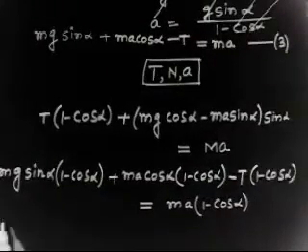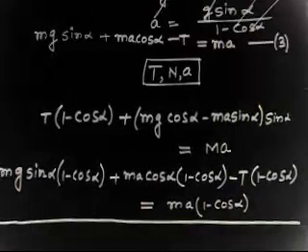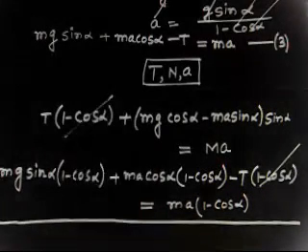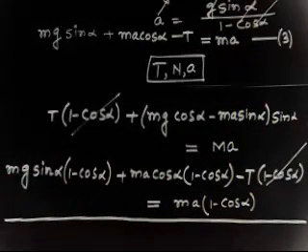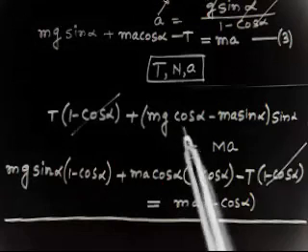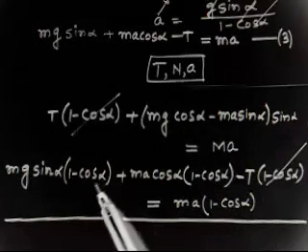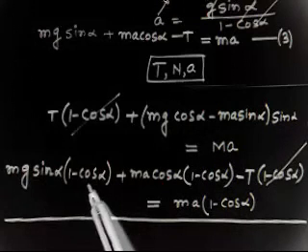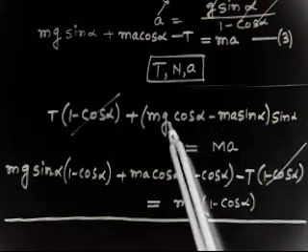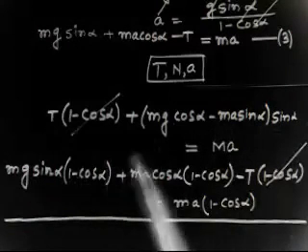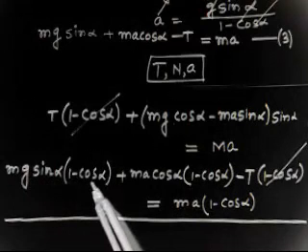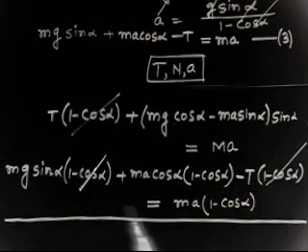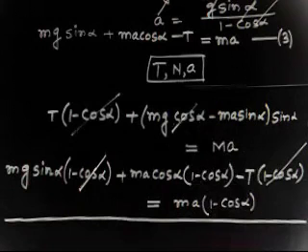Now if I add these two equations, slightly tedious job, the 1 minus cos alpha into T terms go out. So now what we will have? We will have mg cos alpha into sin alpha, and I am also having the same thing, mg sin alpha cos alpha with minus sign. So this term will cancel out.